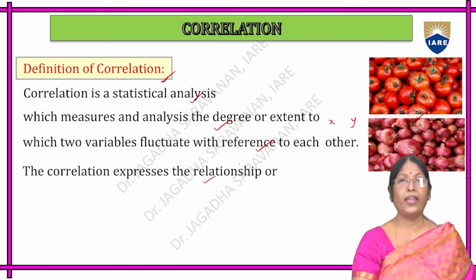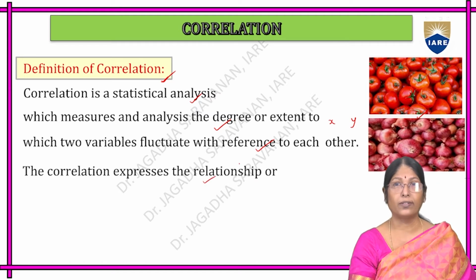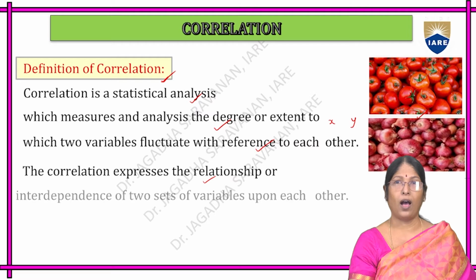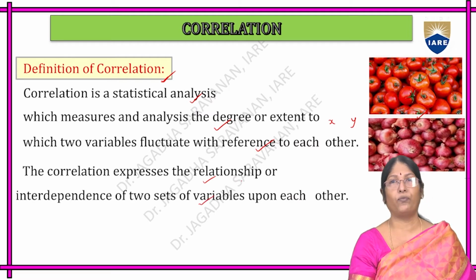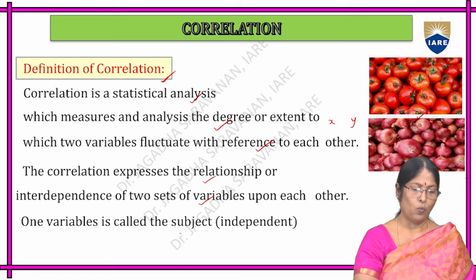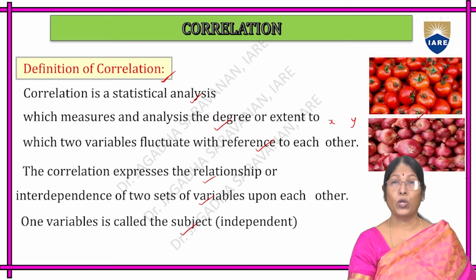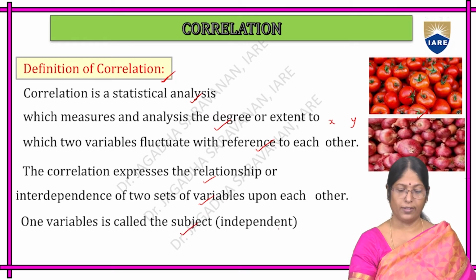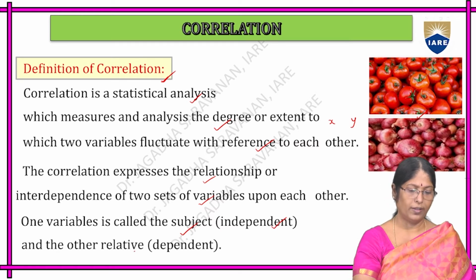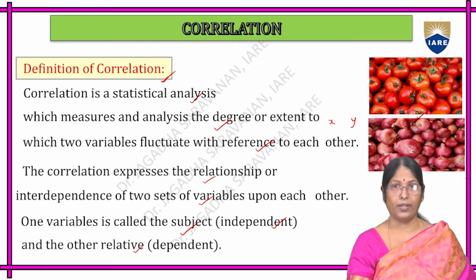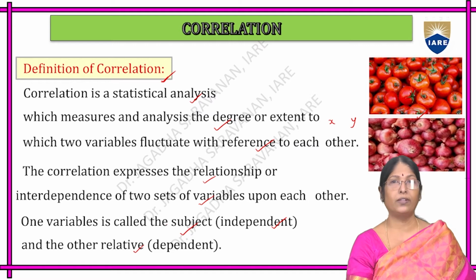Now, the correlation expresses the relationship or interdependence of two sets of variables upon each other. One variable, we will call it the subject, that is independent. The next one, we will call it dependent. So one is independent, another one is dependent.